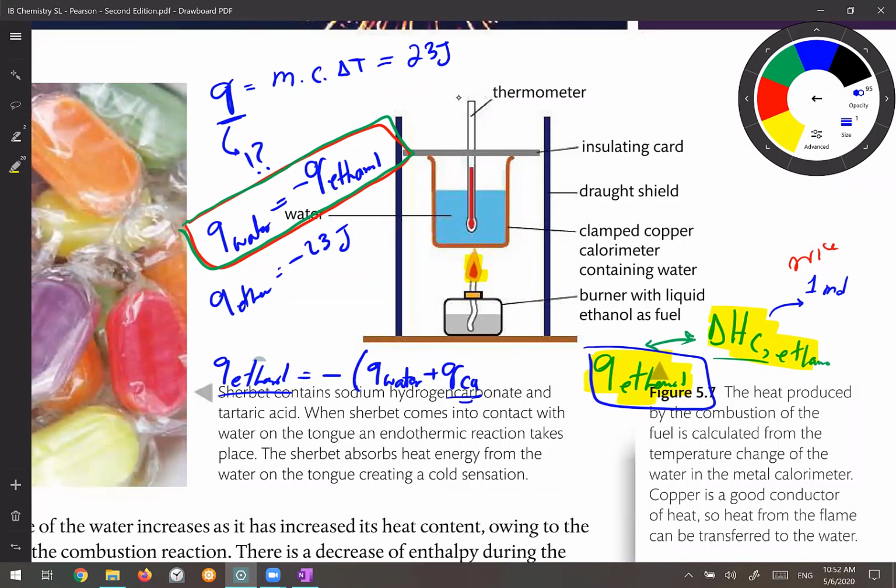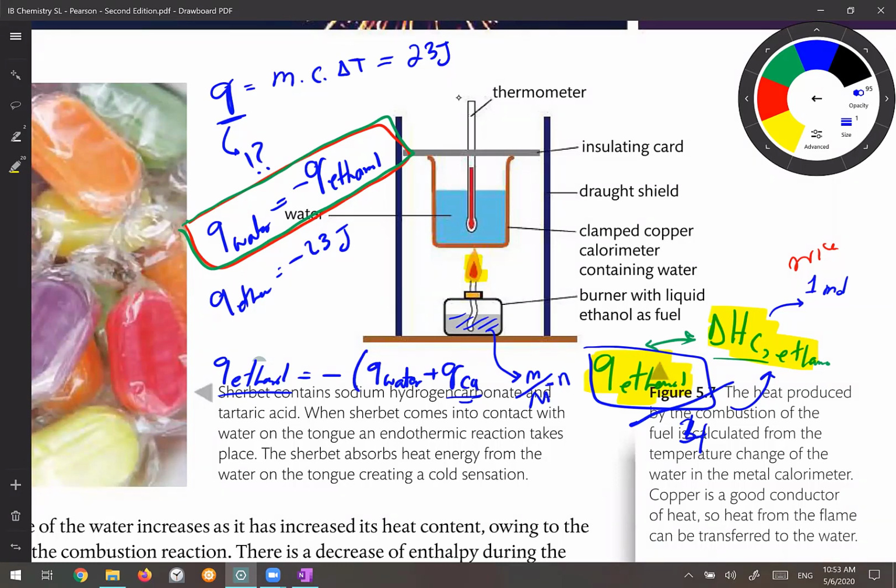So that's why you must identify how much ethanol is burned here. You can find the mass of the ethanol which is burned, and if you divide it by the molar mass, you can understand how many moles of ethanol are burned. So if, for example, 3 moles of ethanol are burned here, you have to divide this one by 3 to find the delta H. If 4 moles are burned here, you have to divide this one by 4 to find the delta H.